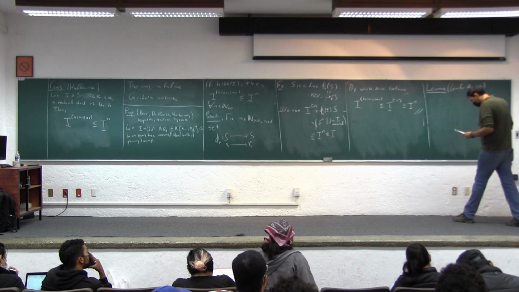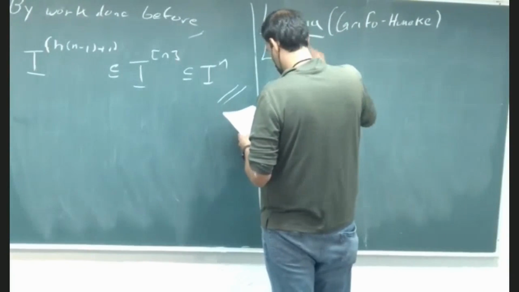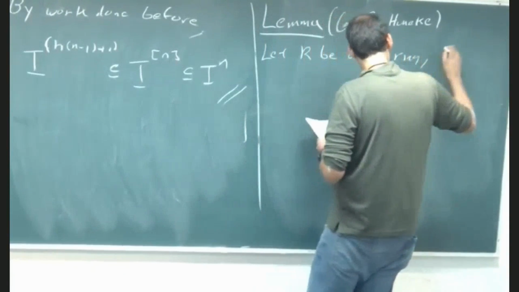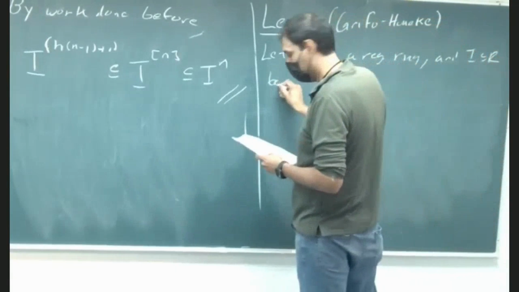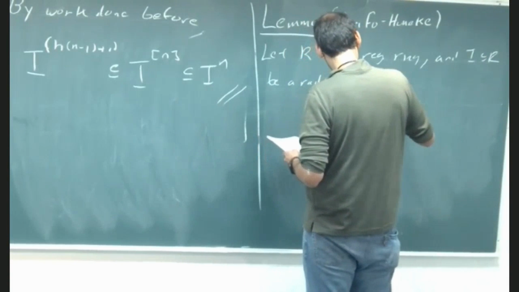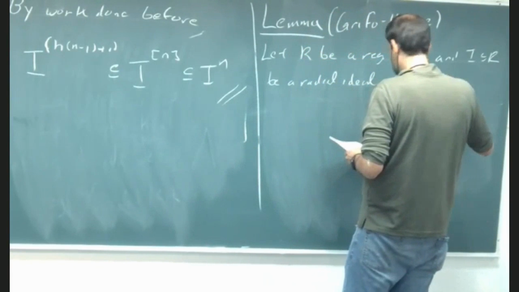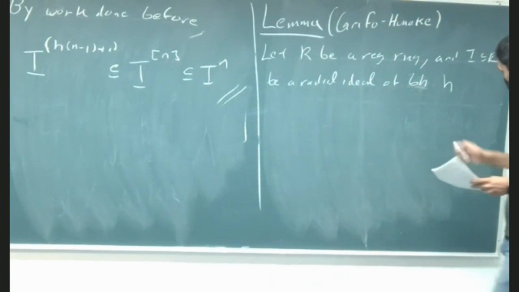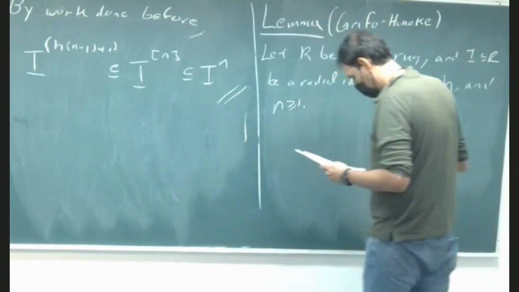By way of unity, it says the following: let R be a regular ring, and I contained in R be a radical ideal of height H, and N a positive integer.